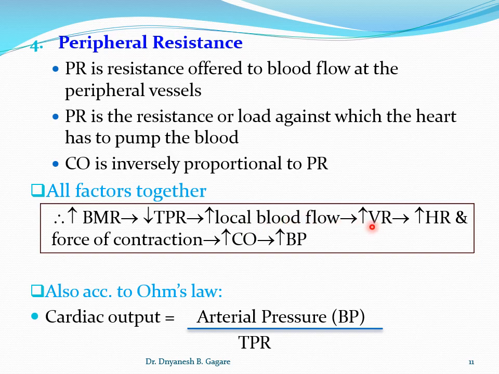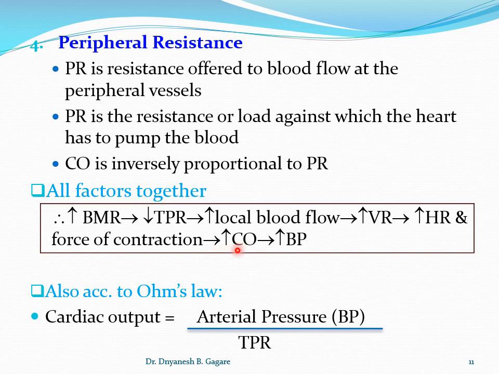And you know, if the venous return is increased, it leads to an increase in heart rate and force of contraction. We just discussed that force of contraction increases by Frank-Starling's law, and heart rate increases by the Bainbridge reflex. Ultimately, there is an increase in cardiac output.